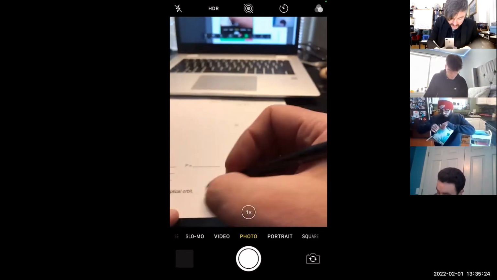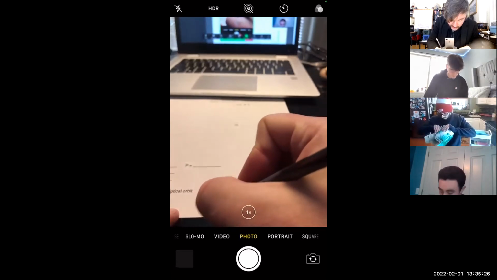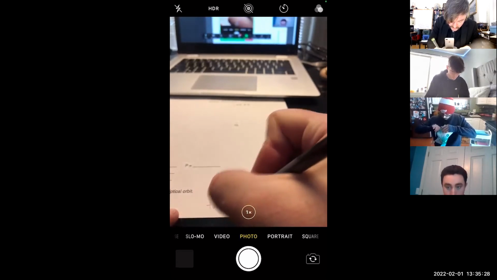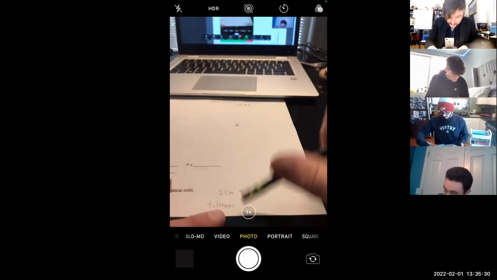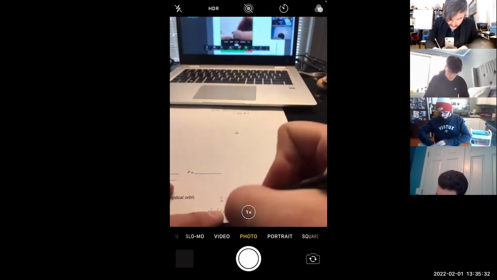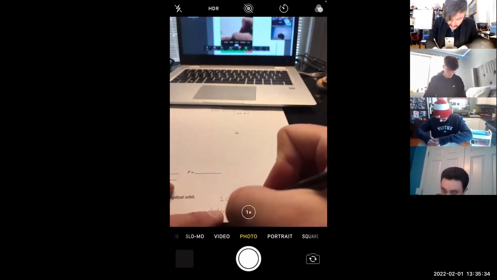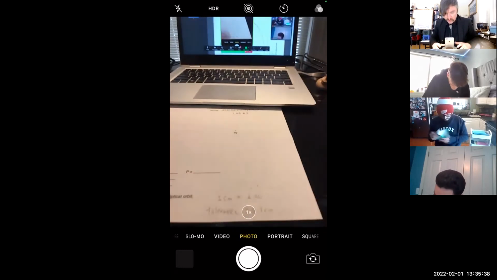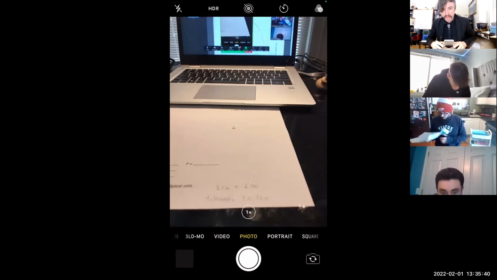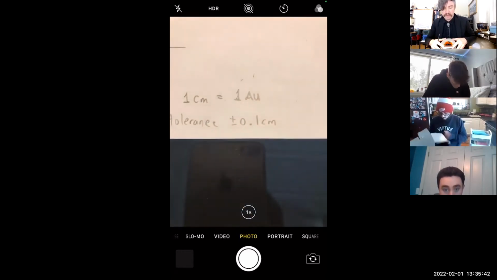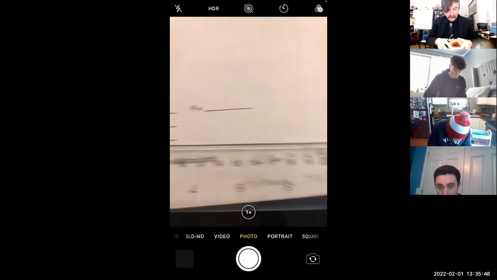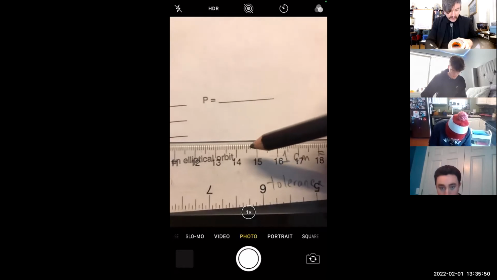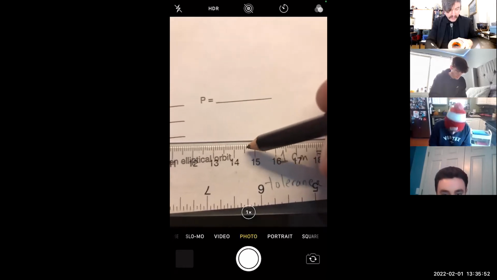Our measurement tolerance will be plus or minus to the nearest 1/10 of a centimeter, or 1 millimeter. In other words, all measurements, when taken with a ruler like so, should be made to the nearest little millimeter tick mark, okay?